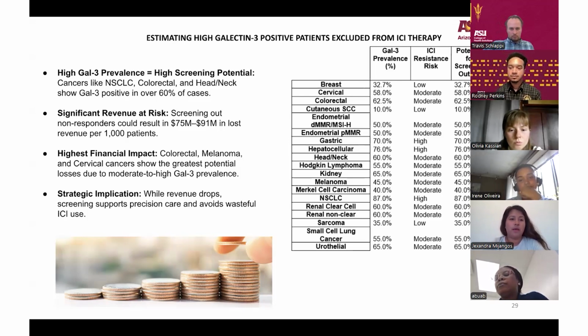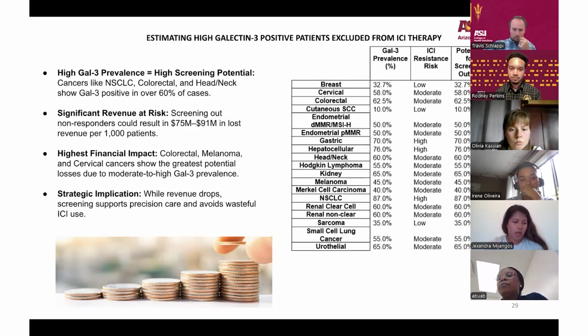In this case, the purpose is to enhance patient selection by identifying non-responders to immune checkpoint inhibitors. Also, it prevents ineffective treatment for all the patients with high galectin-3 expression. And as it shows here, some of them, such as colorectal cancer and head and neck, are higher than 60% in most of these cases.